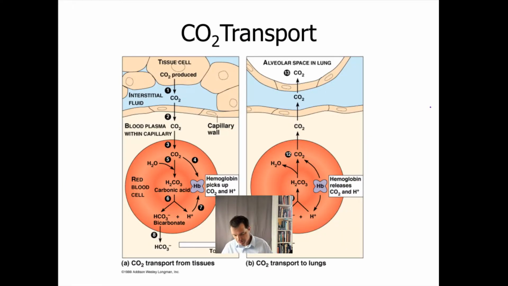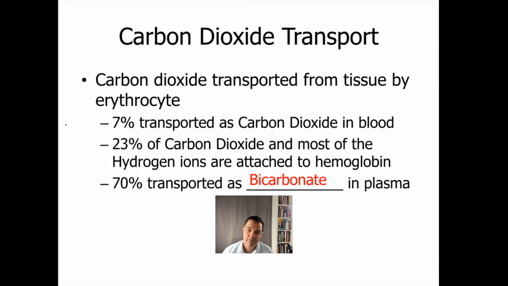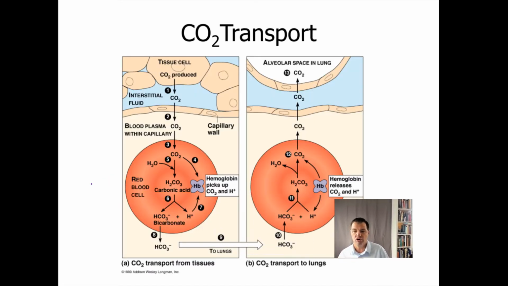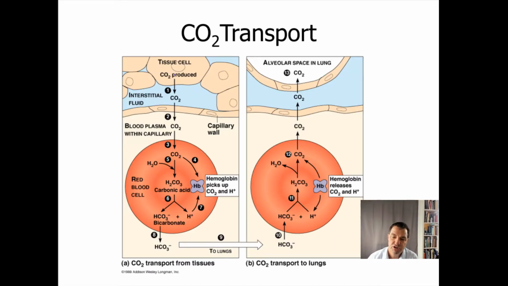Now, CO2 can be transported in several different kinds of ways. About 7% of it is transported directly in the blood as carbon dioxide, as a gas. 23% of it is attached to the actual hemoglobin, but most of it, 70%, comes in the form of bicarbonate. So I'll go back to this to show you. Here's the cell right here. Here's my CO2.